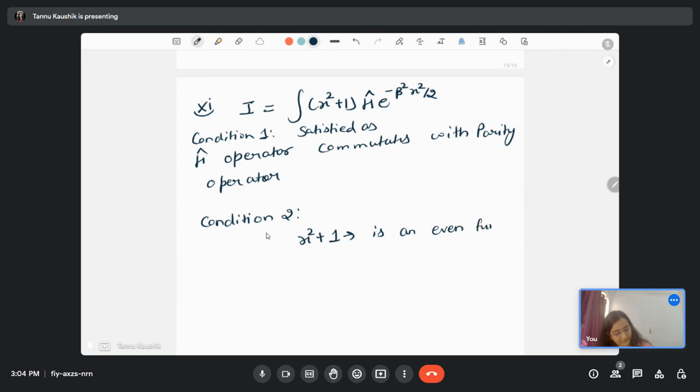Condition 2: x square plus 1 is an even function, and e raised to minus beta square x square by 2 is again an even function.